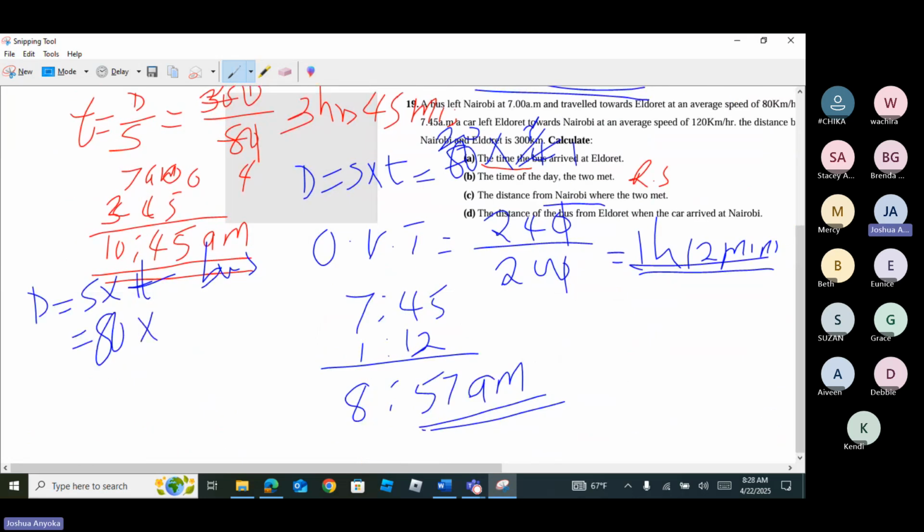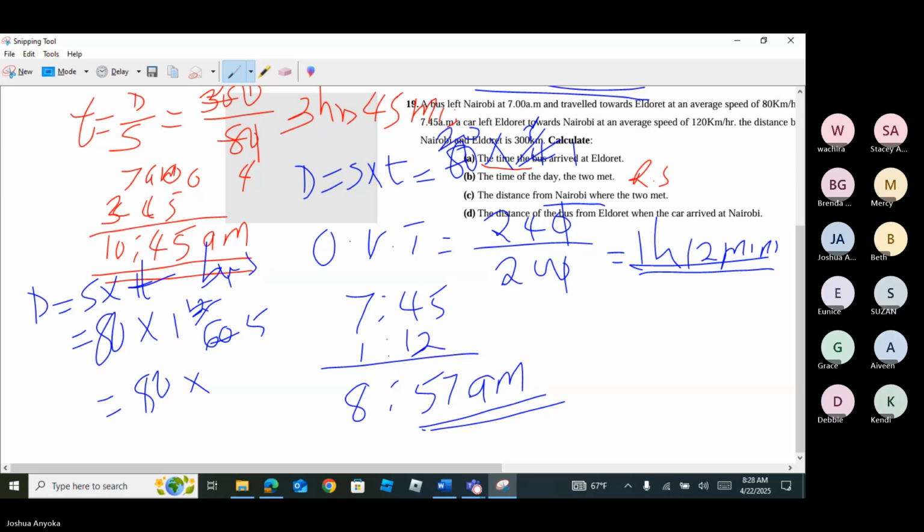Time taken for the bus and the car to meet is 1 hour 12 minutes, so it is 1 and 12 over 60. So it is 80 times 6 over 5.